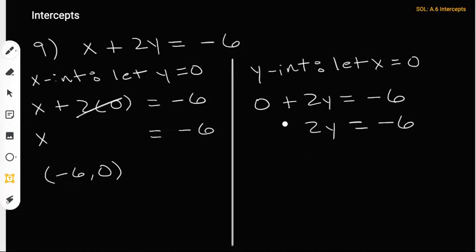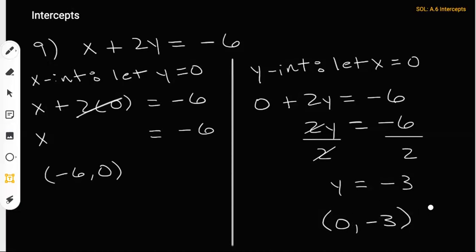Since I'm just adding 0, that's not going to change anything about the left side. But now I can divide both sides by 2 to get the y by itself. So I get y is equal to -6 divided by 2, which is -3. So my ordered pair is going to be 0, -3.